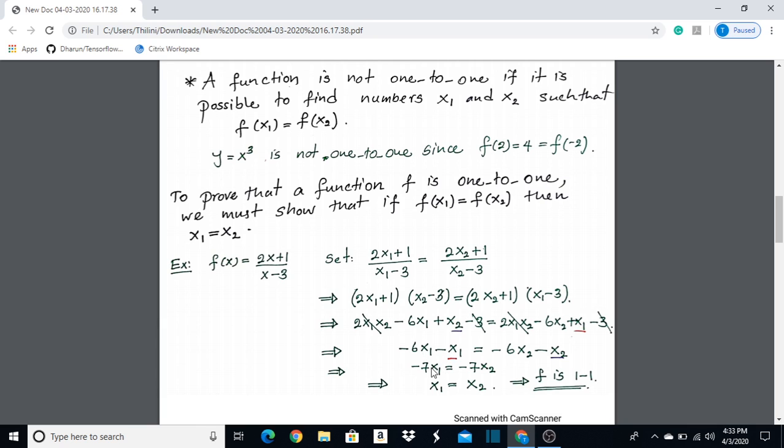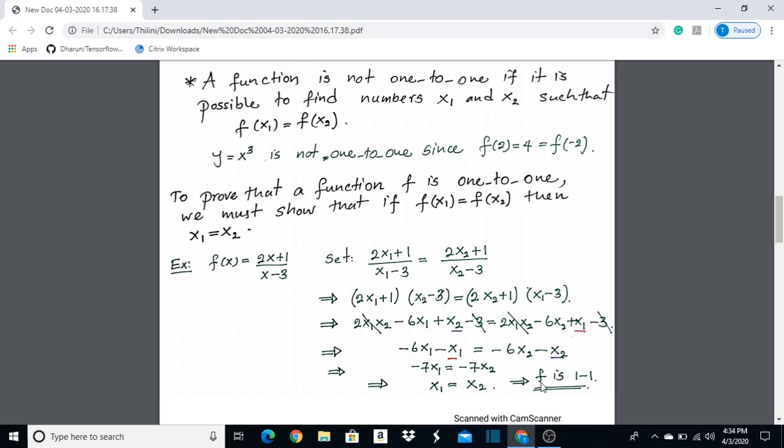Now you get negative 7x1 in the left hand side, and negative 7x2 in the right hand side. So if you divide this equation by negative 7, you can prove that x1 equals x2. There's a little bit of work, but you can do that step by step. Slowly you can get this one, and then you can obtain x1 equals x2.